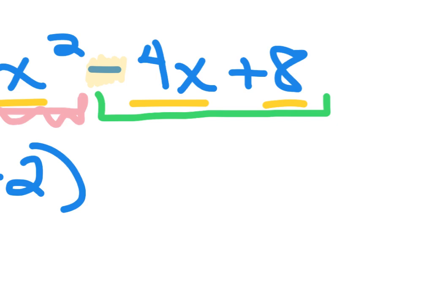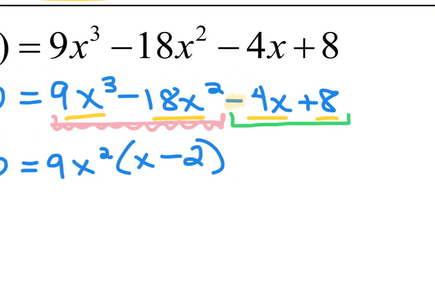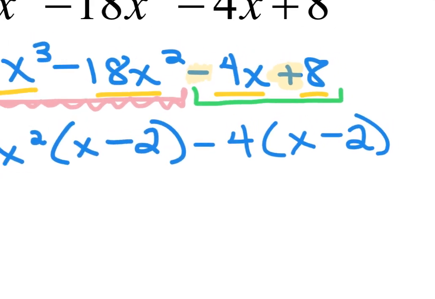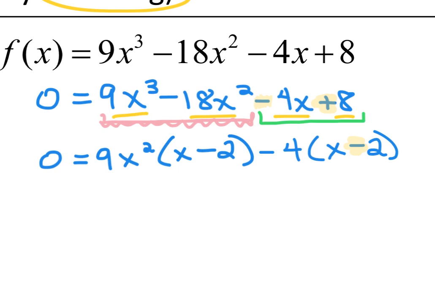And 4, excuse me a second. So you're going to factor out a negative, and 4 goes into both 4 and 8. When you factor out a negative, your signs change, and so this is going to be x minus 2. So that plus here became a minus down here. So once again, what you got when you factored the pink part was this.